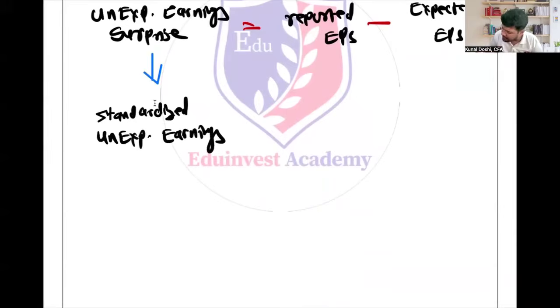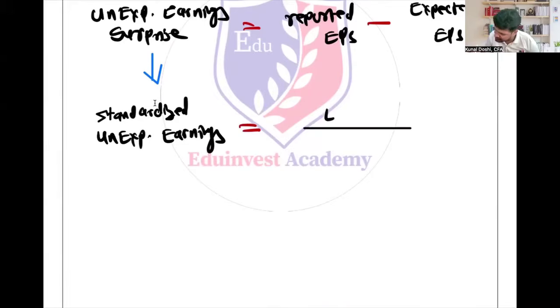Now this is simply a ratio of the earning surprise divided by the standard deviation of it, because we want to make sure whether it is very volatile or consistently giving a surprise. Correct? Very interesting analysis here.